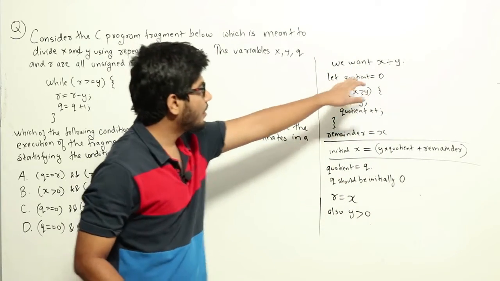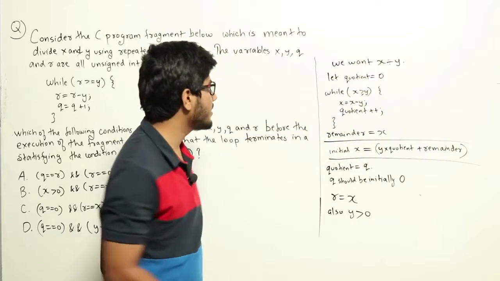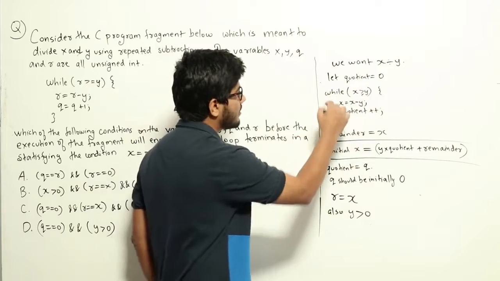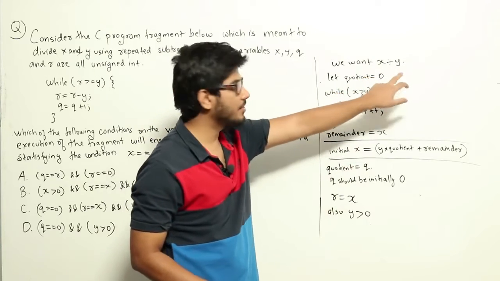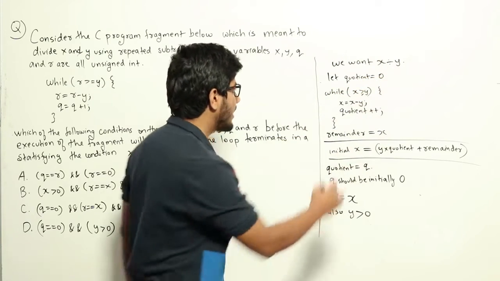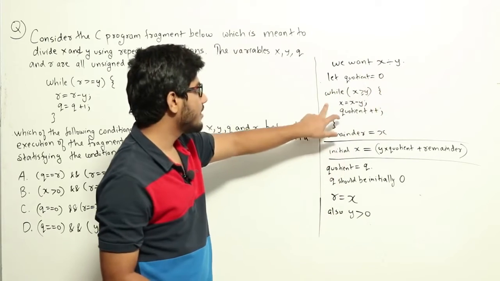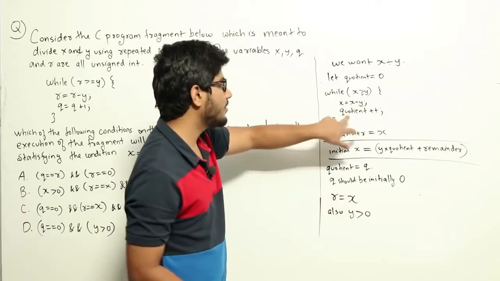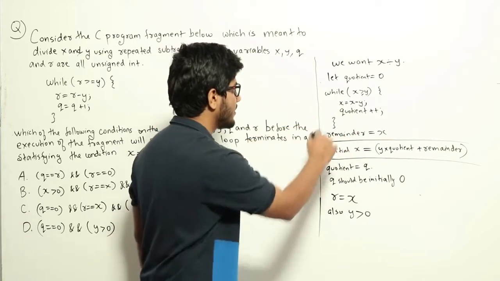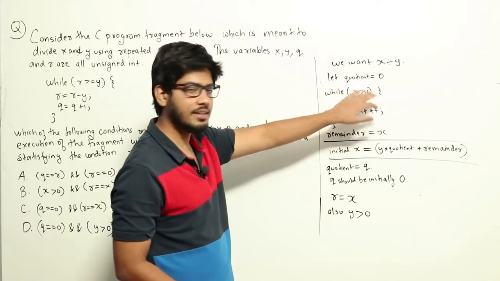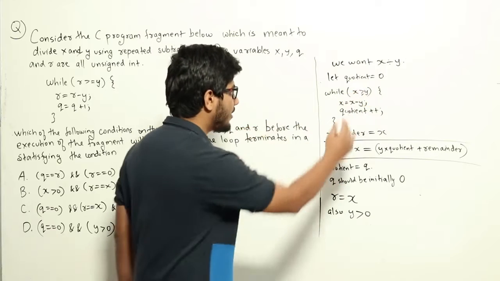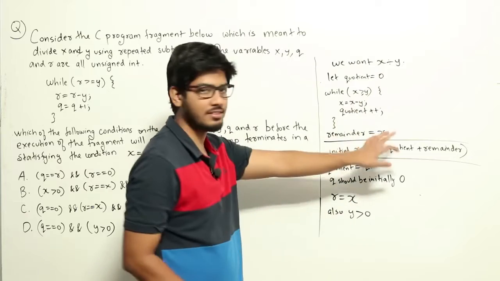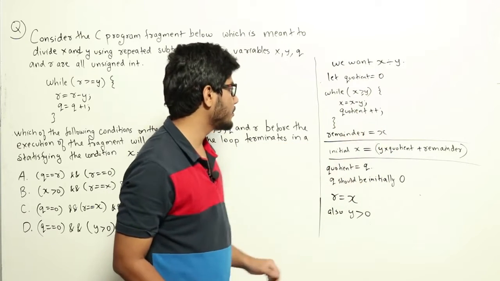Using repeated subtractions, initially let the quotient equal 0, and while x is greater than or equal to y, we subtract y from x, meaning x will become x minus y, and then we add 1 to the quotient. We keep doing that until x becomes less than y, and finally whatever we have in x will be the remainder.